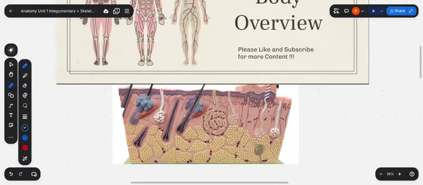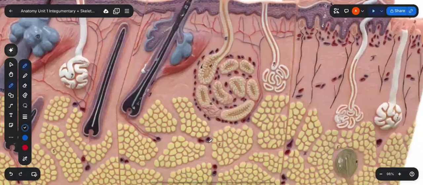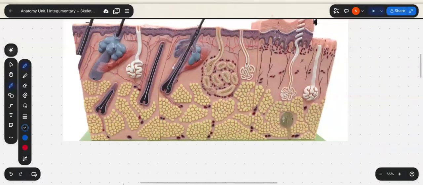So we're going to start off with the integumentary system. That is basically composed of your skin, hair, nails, all of those factors. For this activity, you're just going to need to know the three different skin layers. So this thick, light pinkish layer up here at the top, and then bleeding into this purple layer.